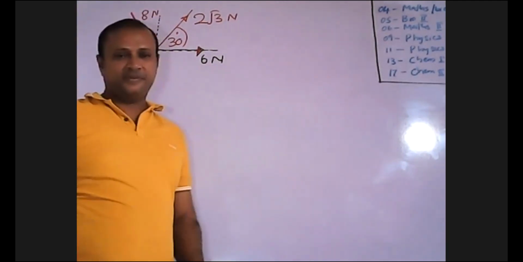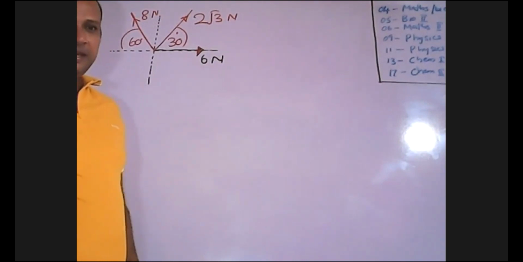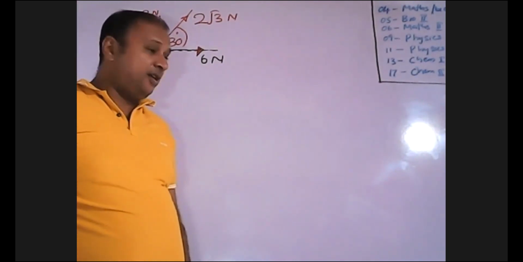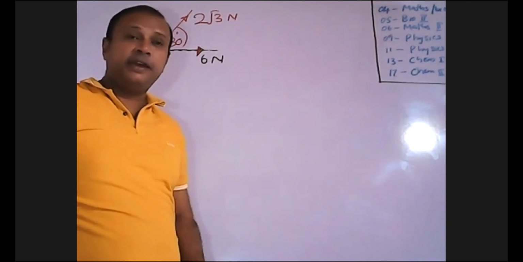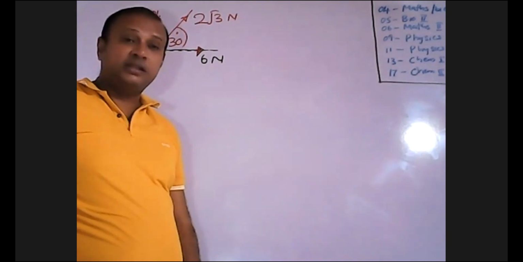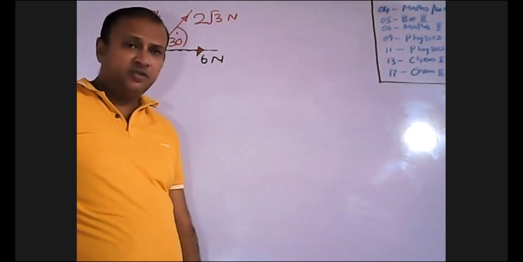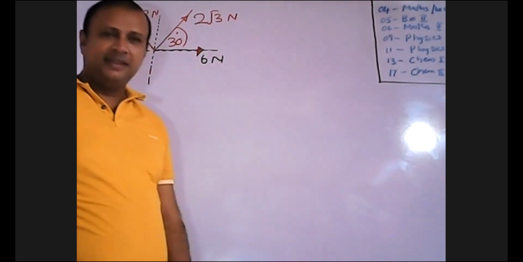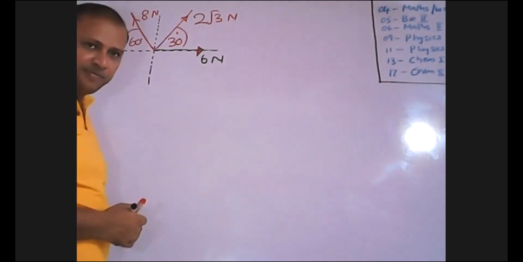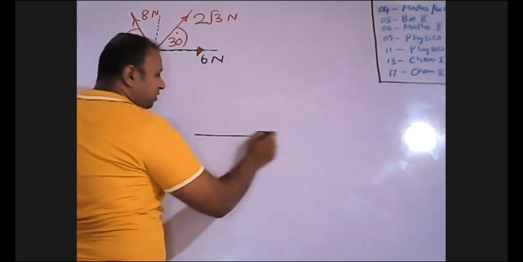Okay. Good question. Actually, we have discussed the angle between two forces, two vectors. How to find the angle between two vectors? It is the angle measured in the anti-clockwise direction.